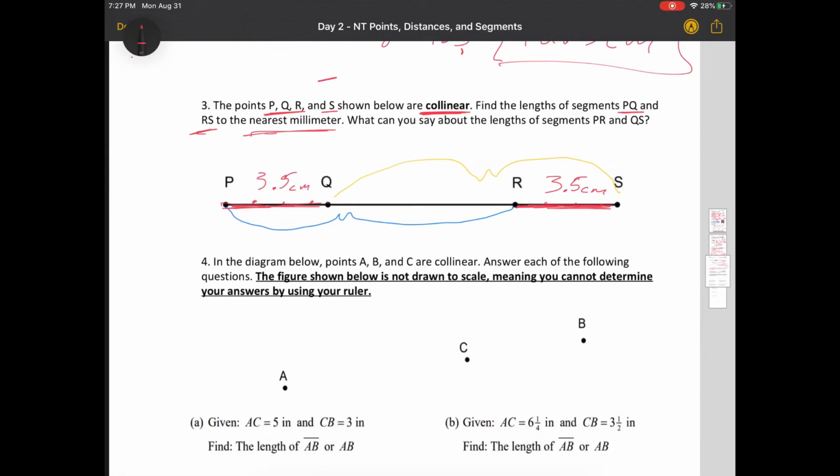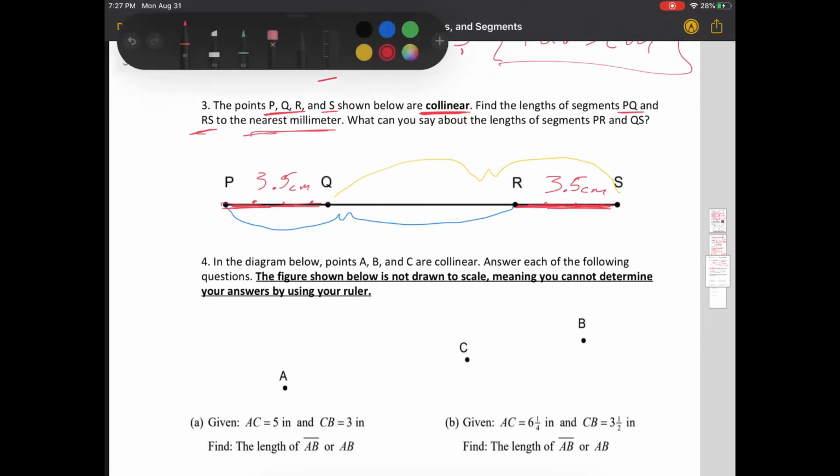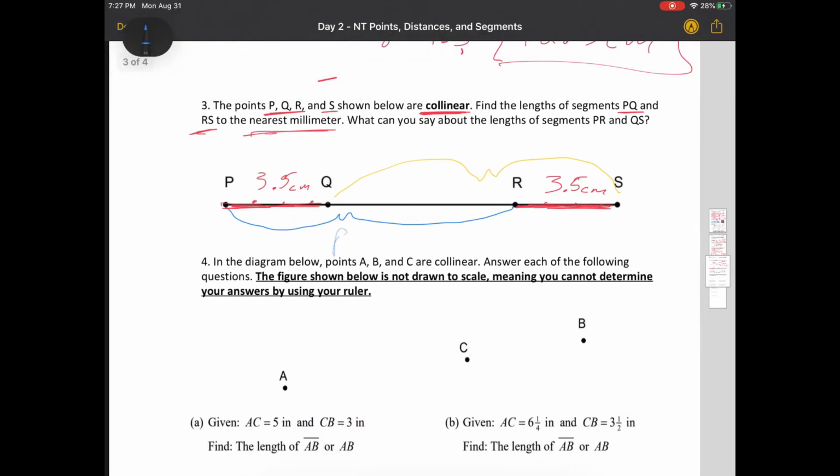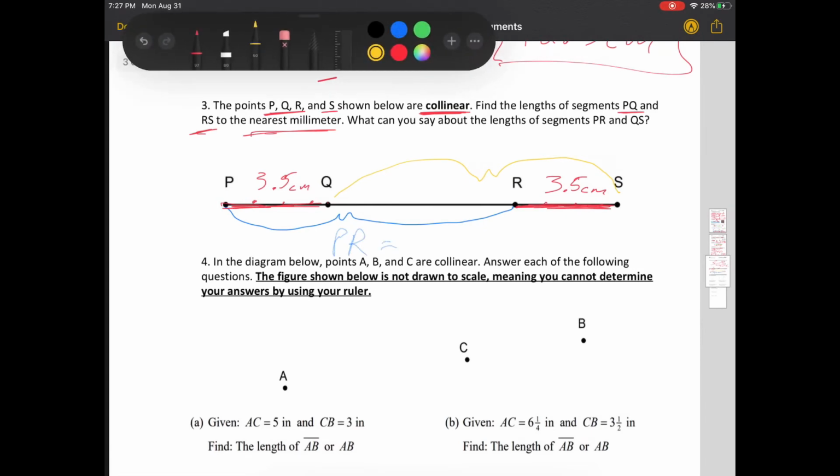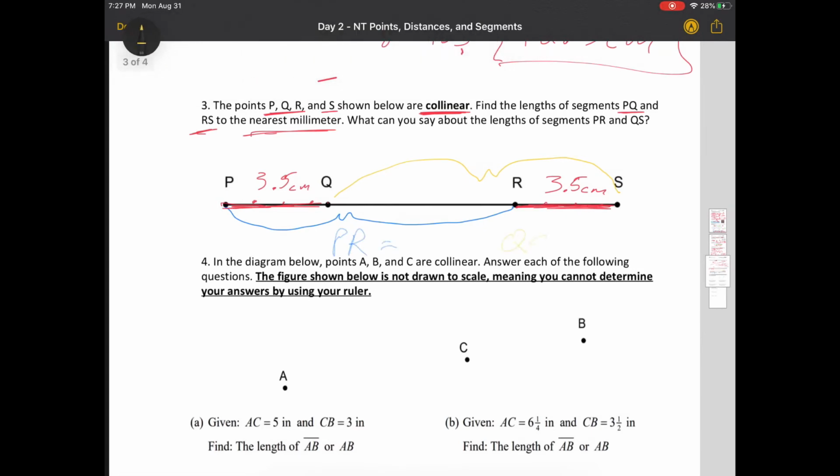Now, if we add on the piece QR to both of them, and we're looking at PR, and then also looking at QS in the yellow, if we're adding on the same piece to equal segments, then we're already good to say that they're congruent. It does not matter which we add on.